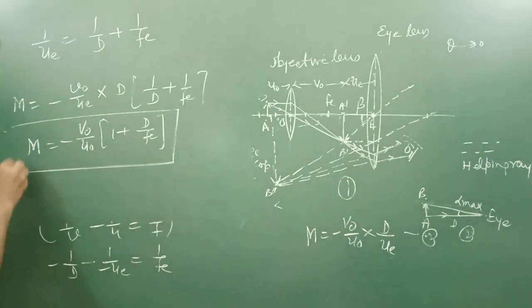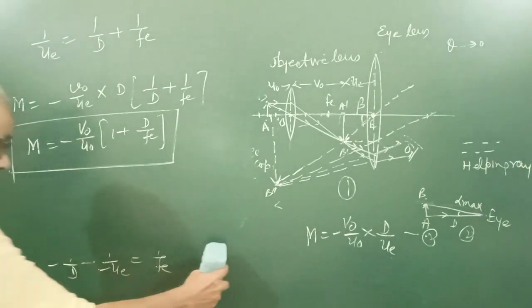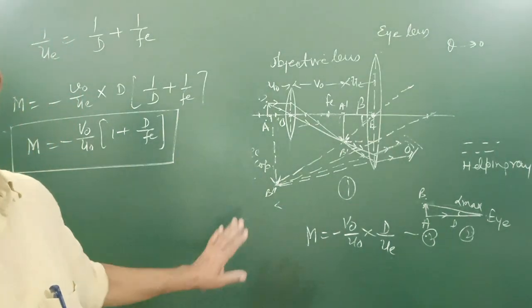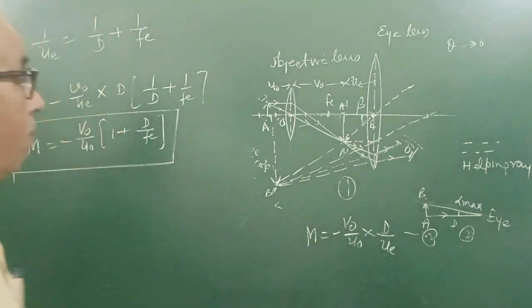This is the maximum value of angular magnification produced by a compound microscope. This is the maximum value of magnifying power.